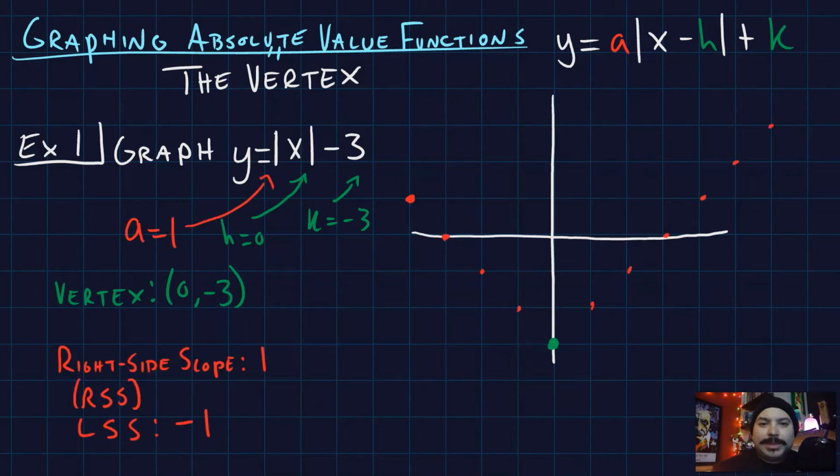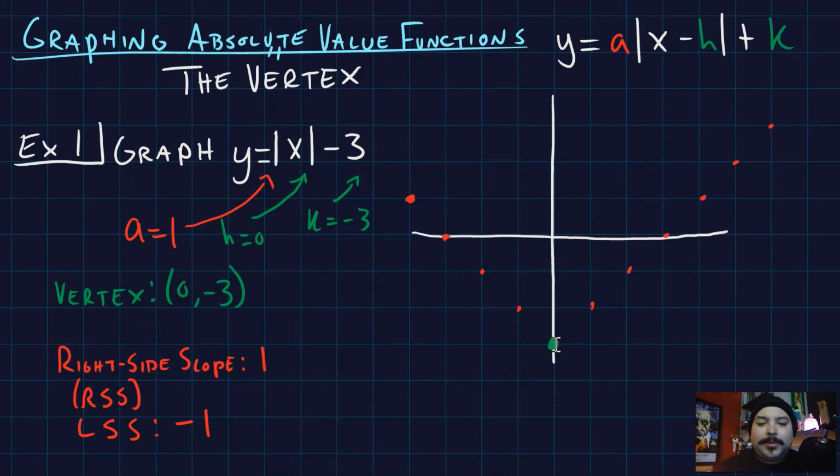We can get the rest of our absolute value equation by using the value of a. In this case, there's no number that appears to be multiplying our absolute value, so a must be equal to 1. The value of a tells us the slope of the right-hand side starting from our vertex. In our case, the right side slope is 1, or 1 over 1. Don't forget that slope is equal to rise over run.